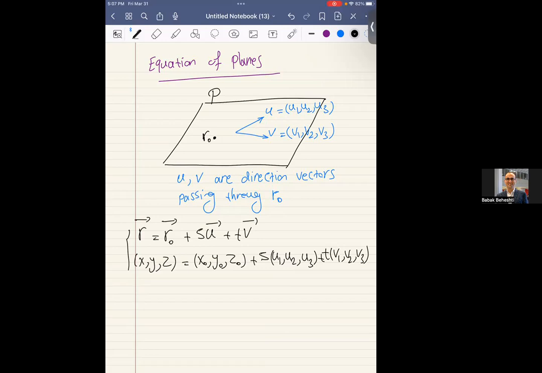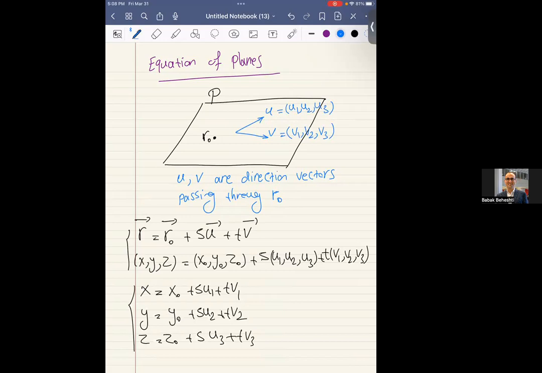The parametric equation is exactly the same equation, except that you write the components in detail. So the parametric equation is x equal to x0 plus S u1 plus T v1, y equal to y0 plus S u2 plus T v2, and z equal to z0 plus S u3 plus T v3.